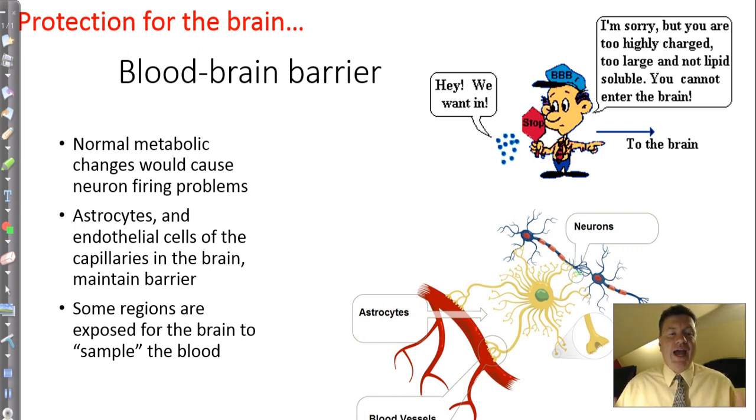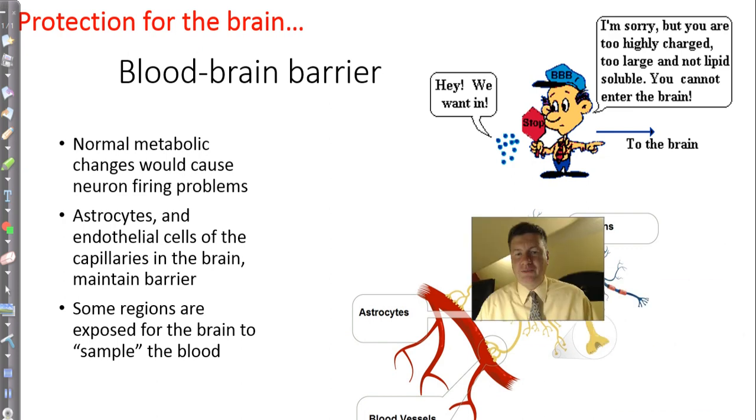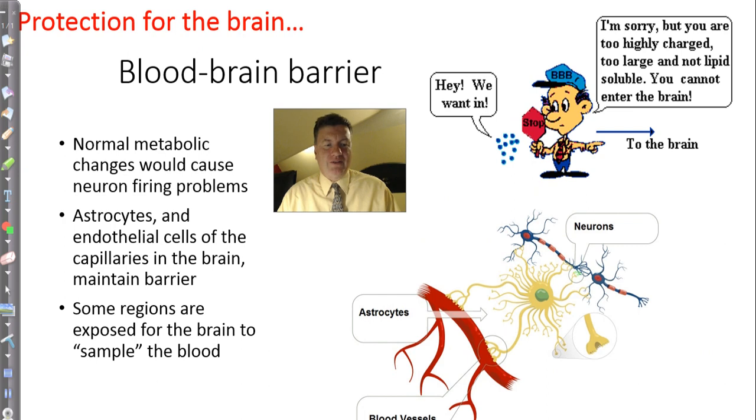it. So astrocytes and endothelial cells of the brain, basically cells that line the capillaries, are going to form this blood-brain barrier. It's not a barrier as in a wall.